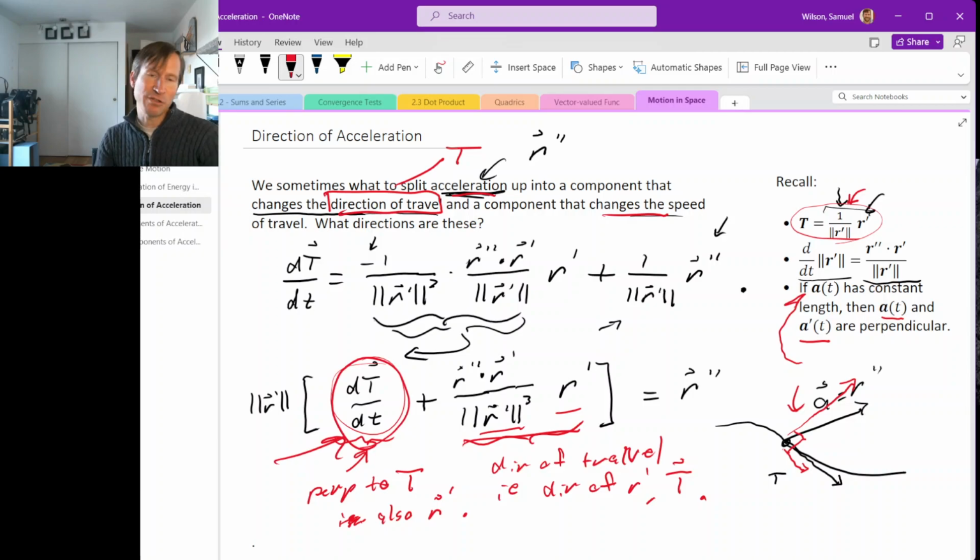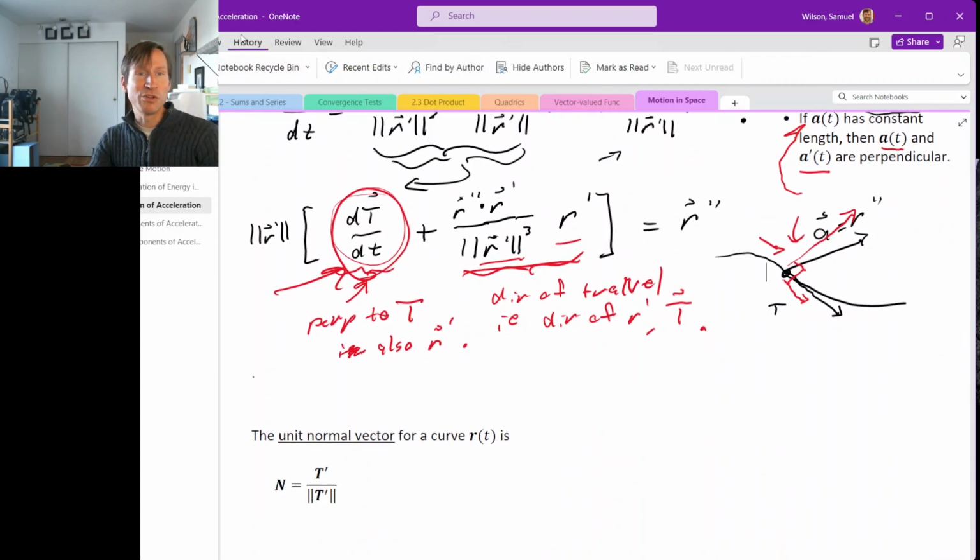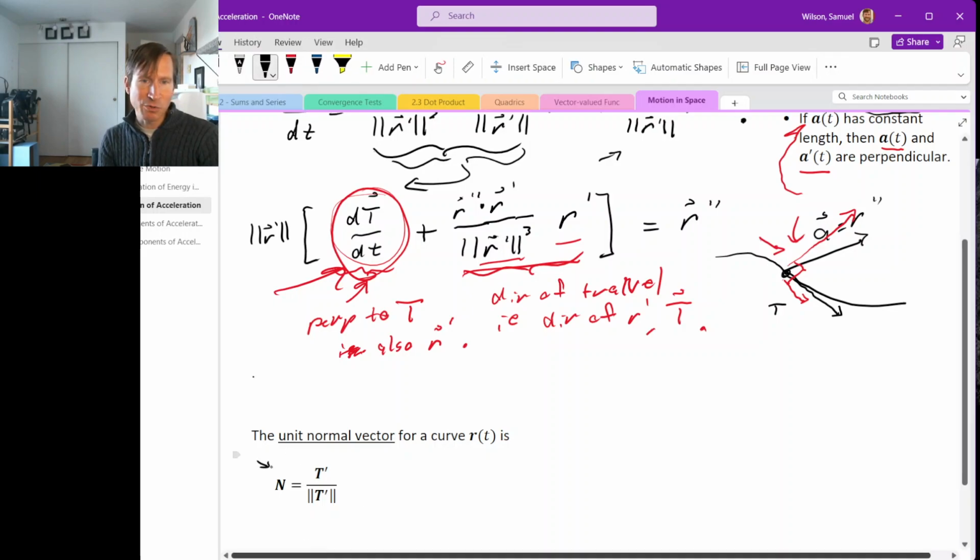So let's name this other direction. Because it is always perpendicular to the direction of travel, we're going to call it the unit normal vector for the curve. Capital N is the letter that we're going to use for it.